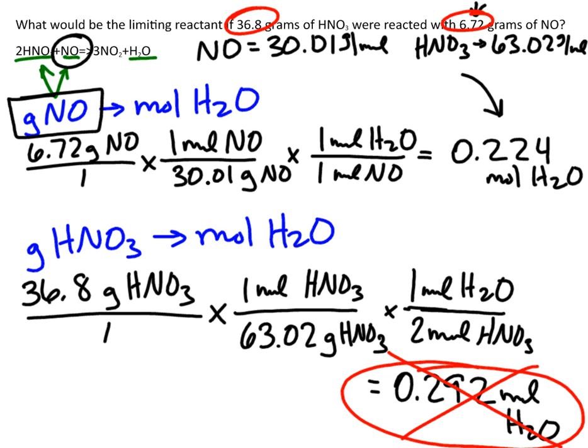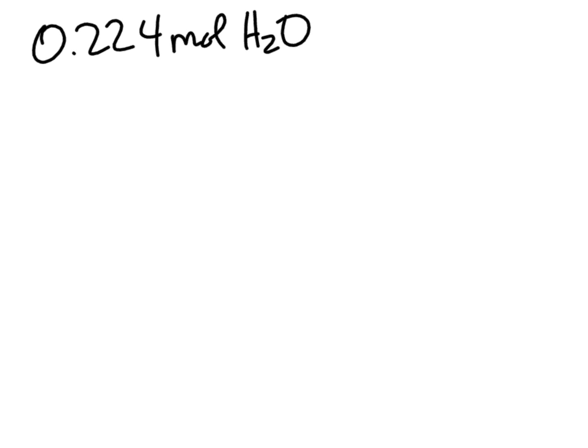Now, from there, I can do a theoretical yield, which is simply taking that amount of moles of water that I'm able to make, putting it over 1, and finding out how many grams of water I can make.